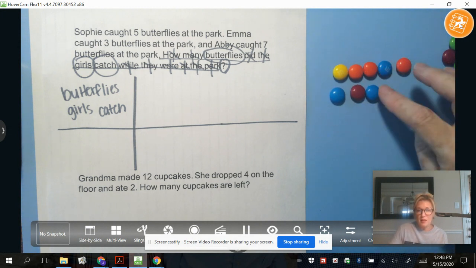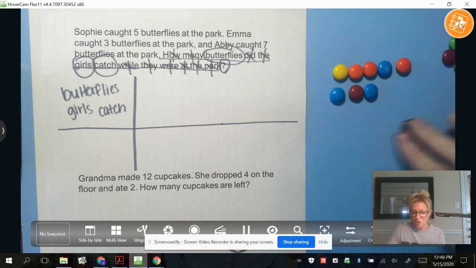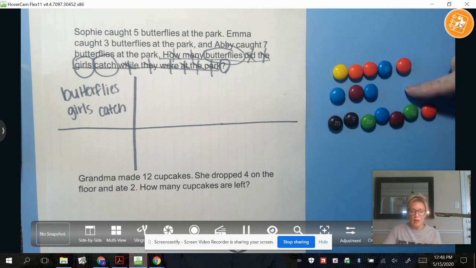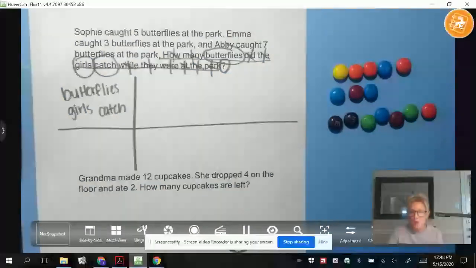And then last is Abby, and she got 7. There we go. Now, if these are Sophie's, and these are Emma's, and these are Abby's, and we want to know how many they have, these are all representing butterflies. How many did they catch? What would we do? You're right. We would just join them all together and add them all up.